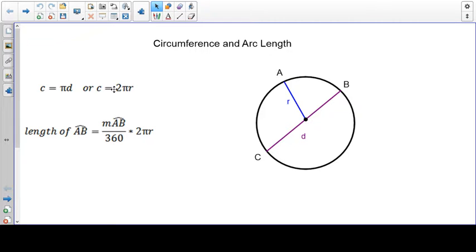Same idea here. The reason we need that is because we're going to find what's called arc length. Arc length is the actual physical measure of the arc. In our last video, we talked about the degree. So say I knew this angle here was 25 degrees. Then that arc degree must also be 25 degrees.